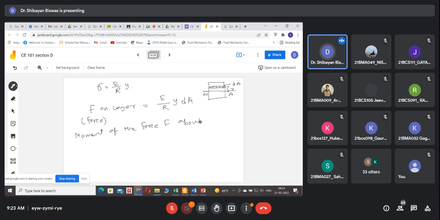Now this Y is maximum, and when Y is maximum, sigma is also maximum.